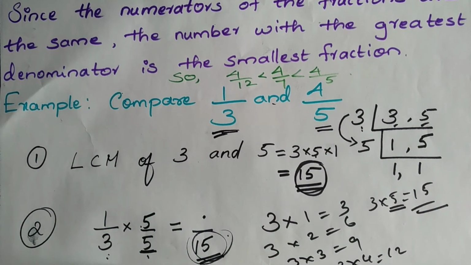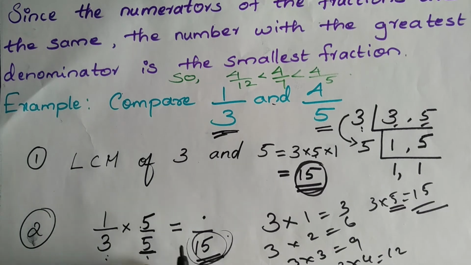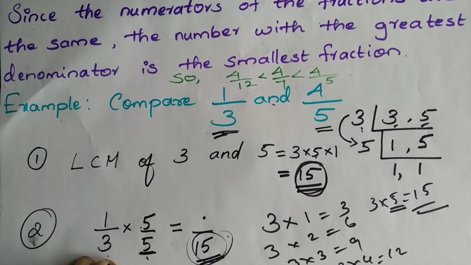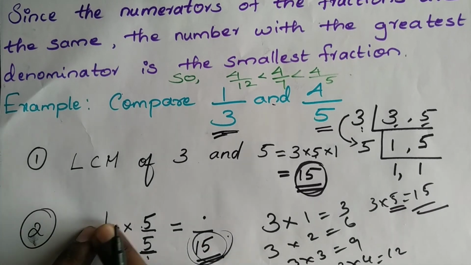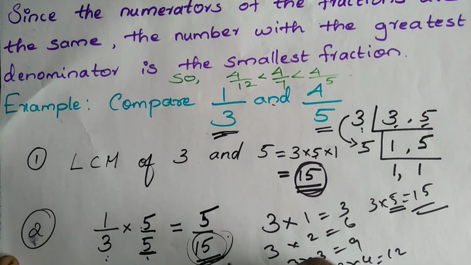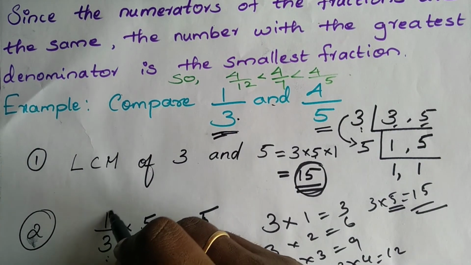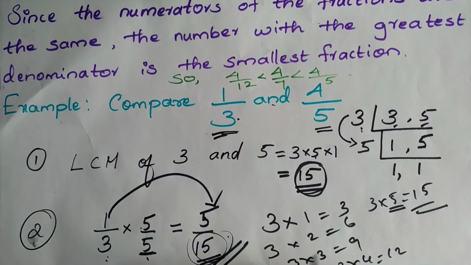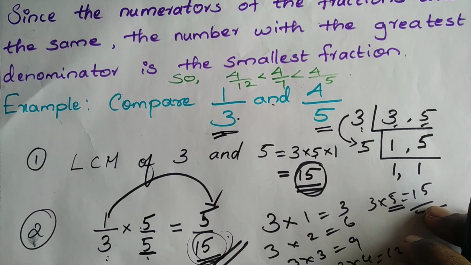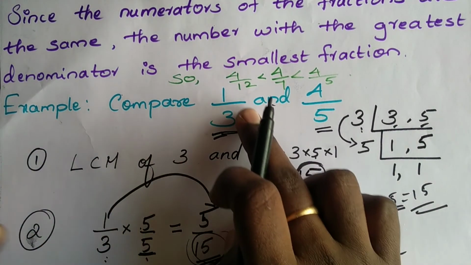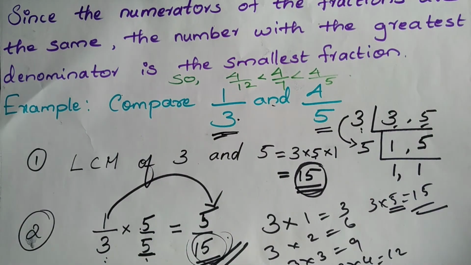If the denominator is 5, numerator also 5 only. So what is the answer? 1 into 5, 5. So now we are converting this 1 by 3 into 5 by 15. Our aim is we want to make this fraction into like fraction.